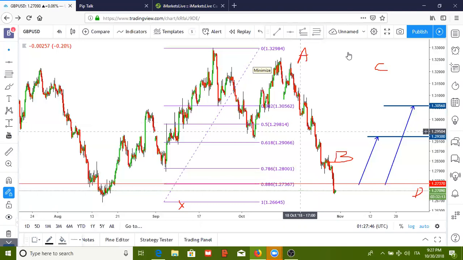Yeah, exactly. The bat pattern can't break past the A leg. You see how, let me erase everything, clear all my drawing tools.